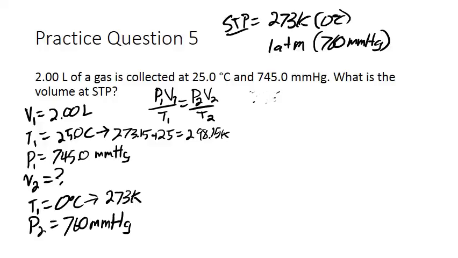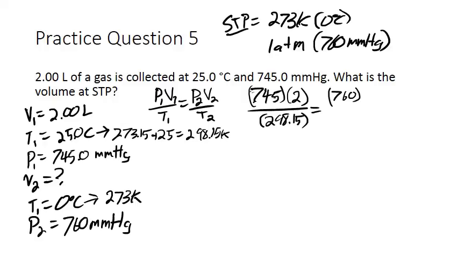So now we can plug all the numbers in. P1 is just 745. V1 is 2. T1 we figured out is 298.15. P2 is 760. V2 we don't know.